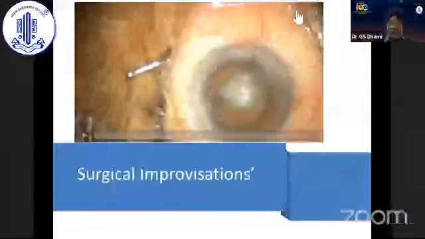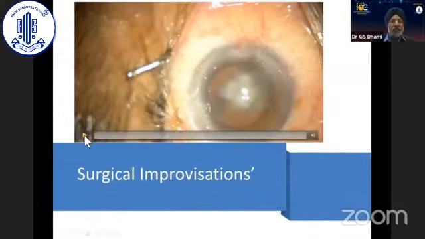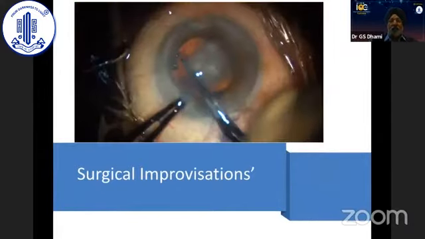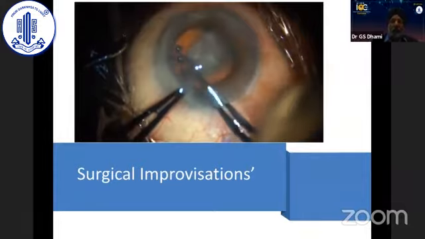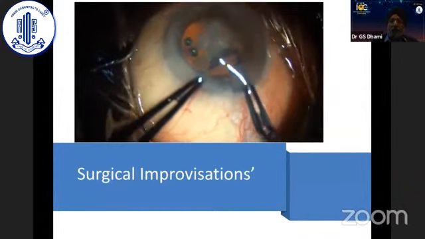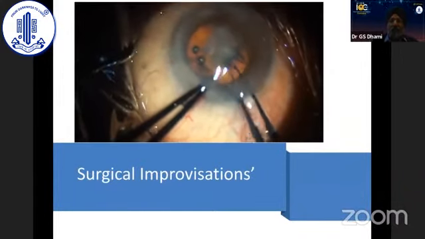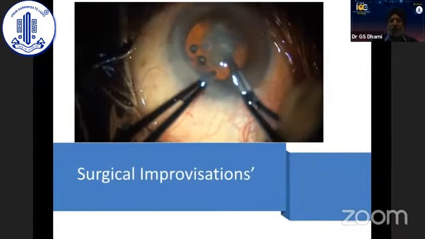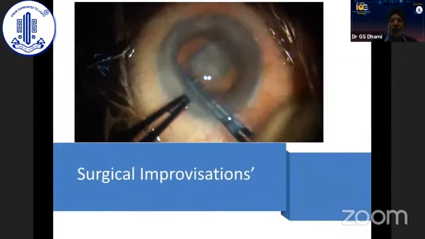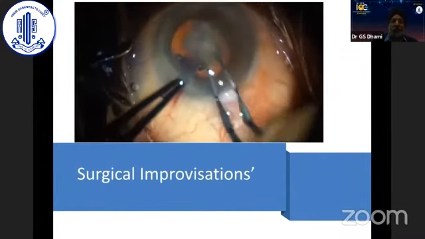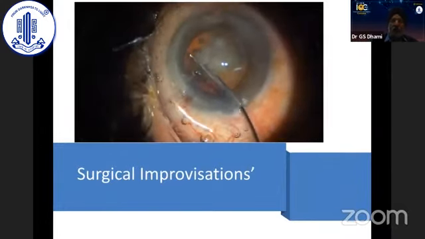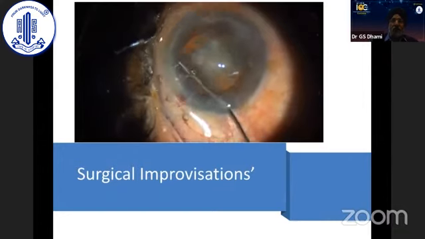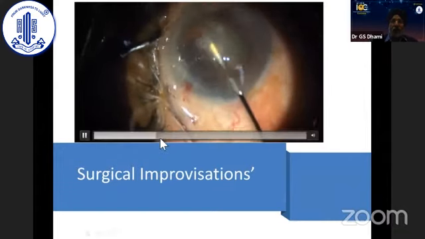If we take this case, it's an opacity through which you can work. The only careful step here is getting a good, complete capsulorhexis in one step. Retroillumination gives the whole aid, whether you are doing a rhexis, hydrodelamination, or continuing to phaco.